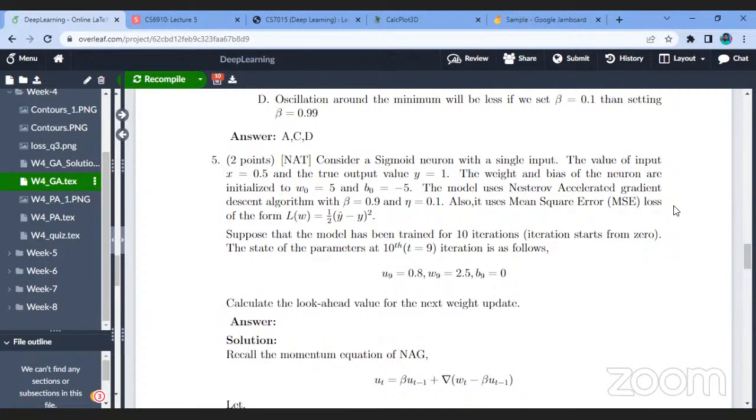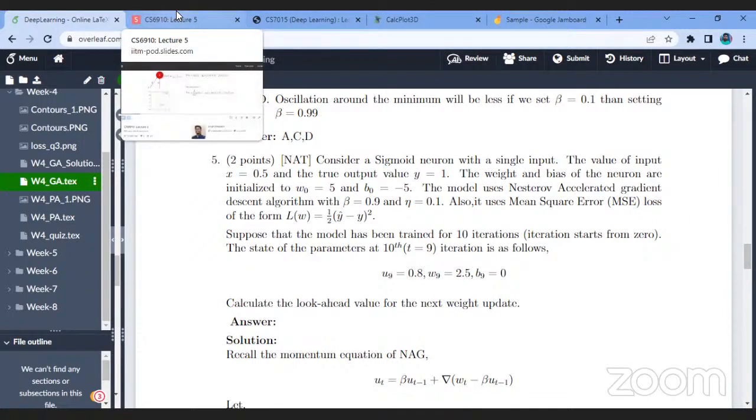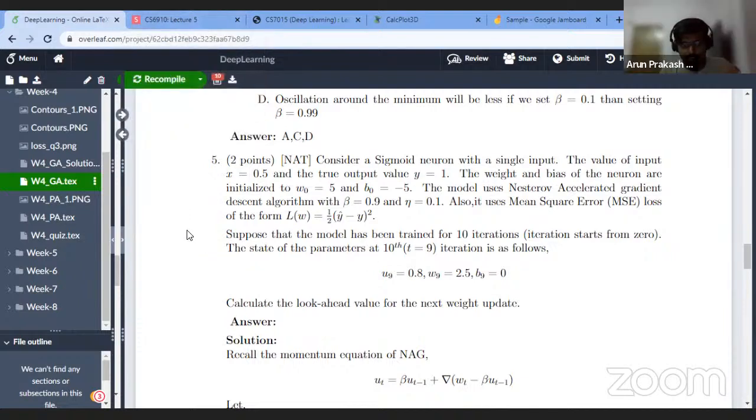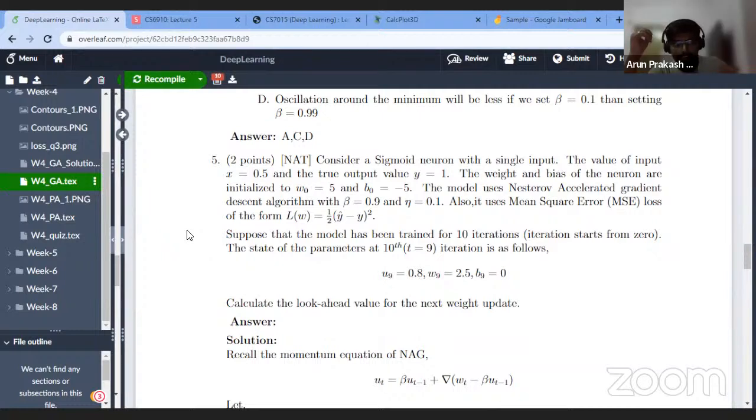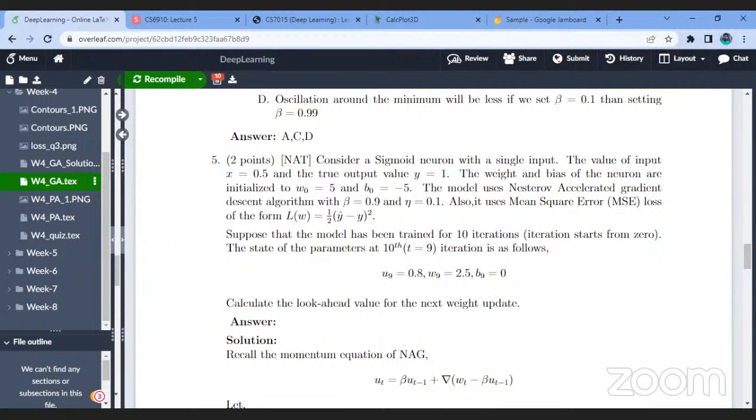The answer key is released already. They usually release the answer key immediately after the quiz. No, they will release it 1 day after the quiz. So we know already our marks, how much we are going to get and what mistakes we have made.